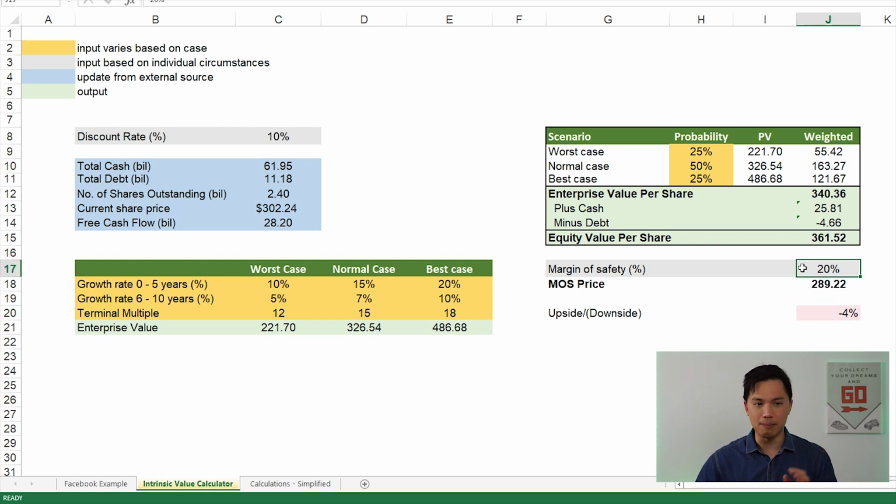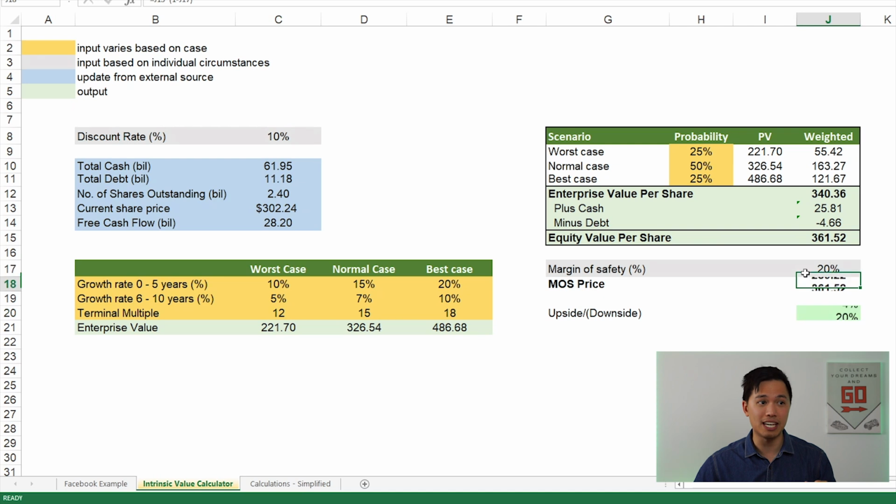So if I don't have a margin of safety, say if I use 0%, then I think the share price of Facebook at the moment shows a 20% upside to its intrinsic value per share. So that is basically the intrinsic value calculator in a nutshell. So overall, what this is saying is that if you invest with no margin of safety, you are getting Facebook shares at a bargain, and it represents roughly 20% upside if you buy at today's prices, and assuming that you get a 10% rate of return.